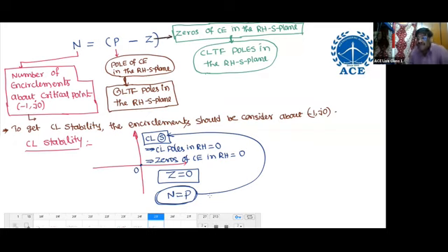This N equal to P is what gives the Nyquist stability criteria statement. Now tell, what is the Nyquist stability criteria statement?